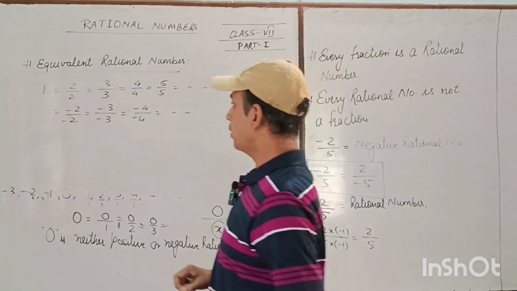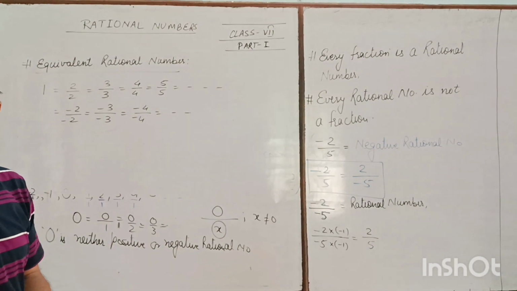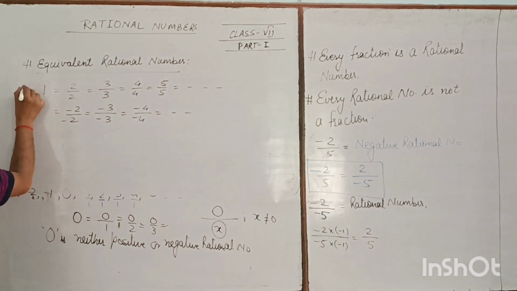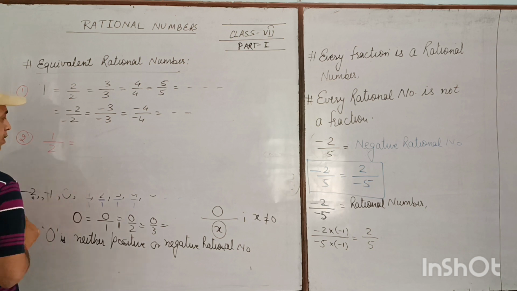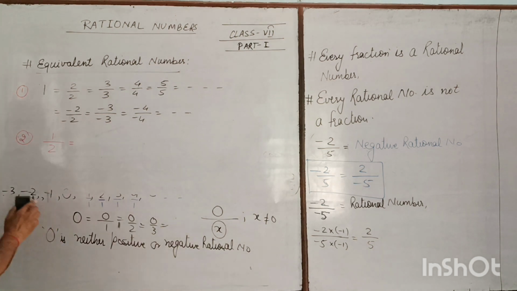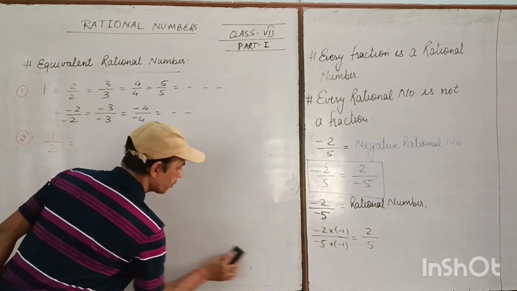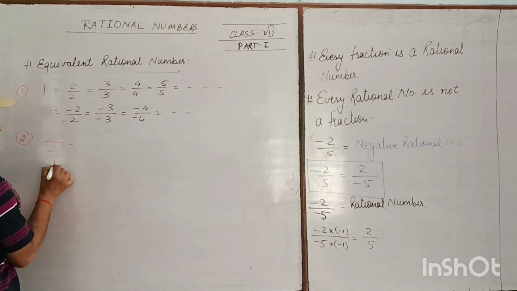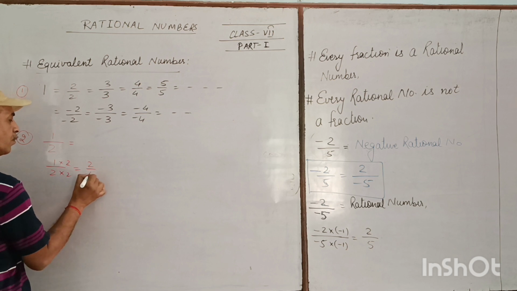ठीक है. That means now if we take a second example, say 1 by 2. Fine? If you multiply 1 by 2 as 1 by 2 into 2, what will you get? 2 upon 4.